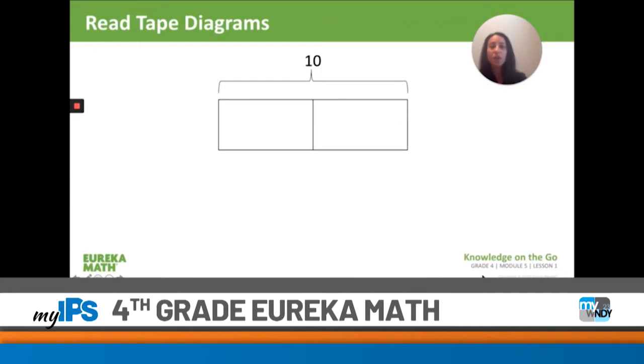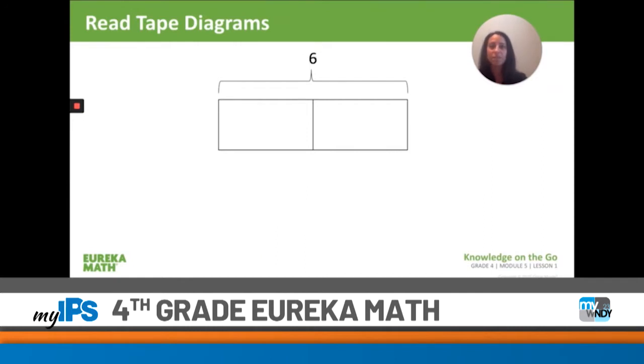A division problem we could write to find the value of each unit would be the whole of 10 divided by 2 equal parts gives us a value of 5 for each unit. Now that we know the value of each unit, let's write a repeated addition sentence to represent our whole. 5 plus 5 equals 10.